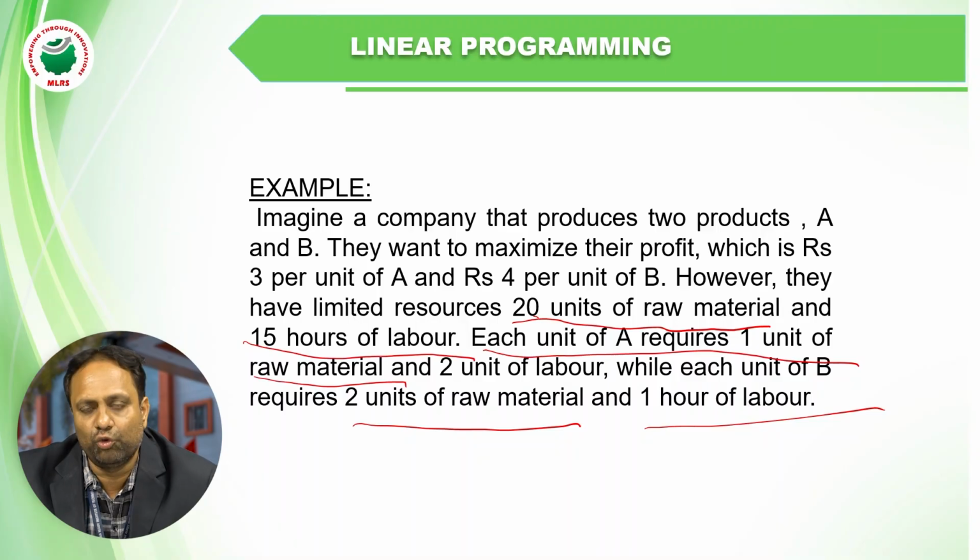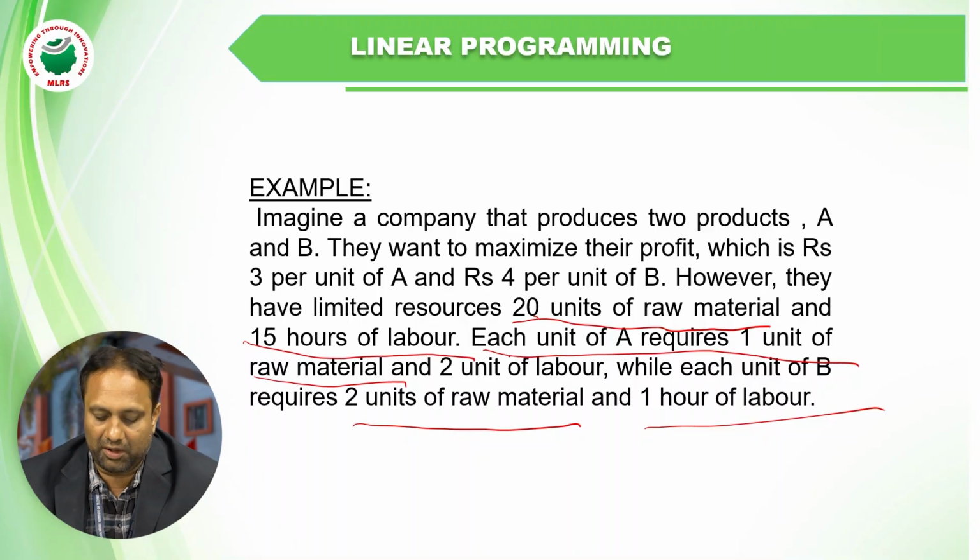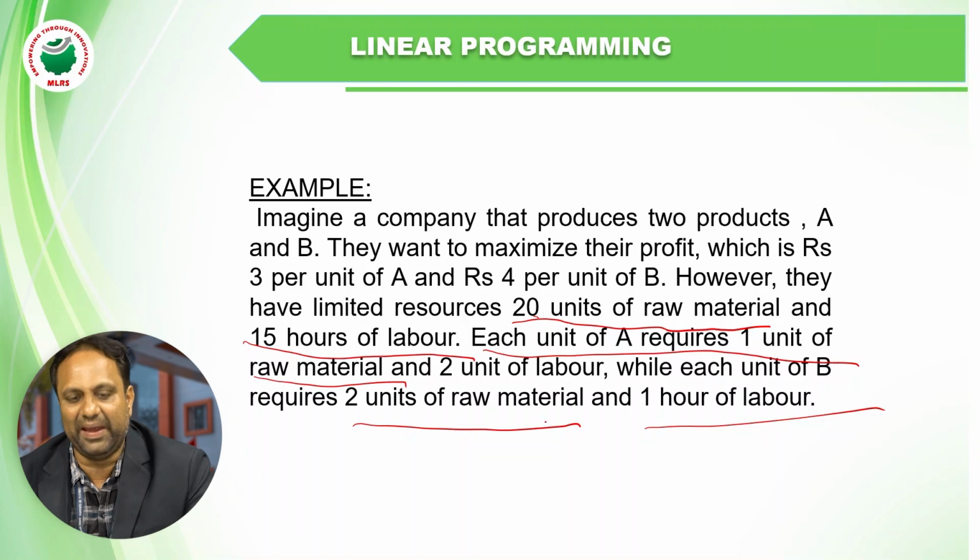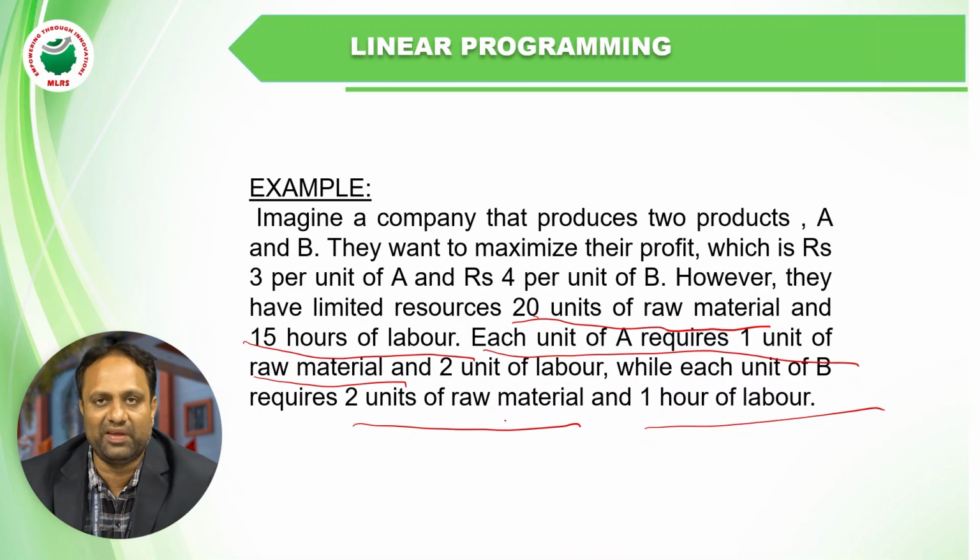The resources available to produce these two products are very limited: 20 units of raw material and 15 hours of labor. To produce product A they require 1 unit of raw material and 2 units of labor, and to produce product B they require 2 units of raw material and 1 unit of labor.